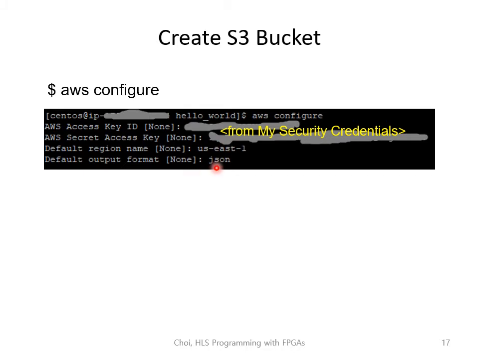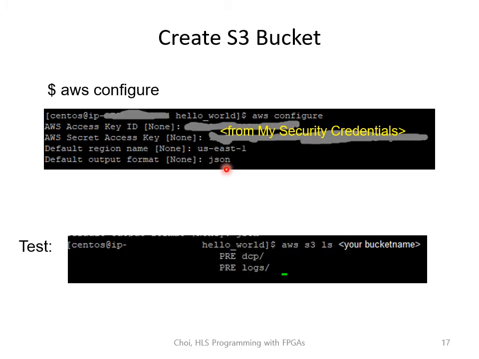You can put the region where you have made your bucket, and for the output format, you can put JSON. Then you're ready to use your bucket. For testing, please type aws s3 ls and your bucket name. Then you'll be able to see the two folders we created for practice.